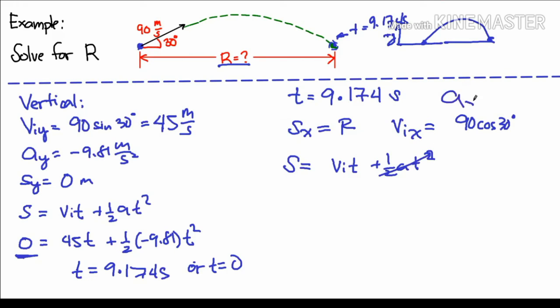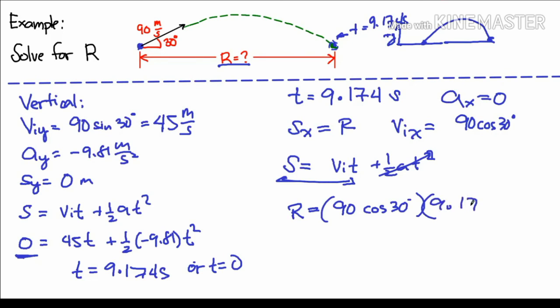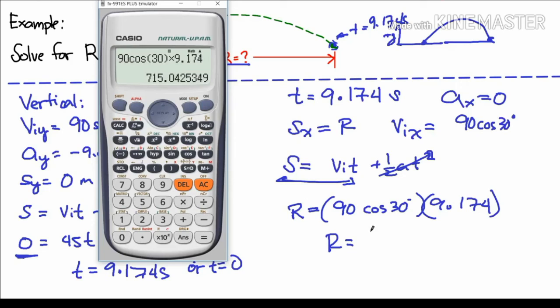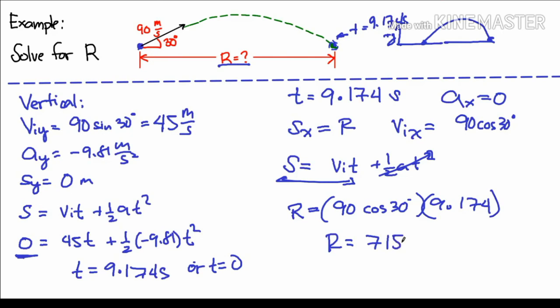There's no acceleration in x, ax equals 0, so this is the equation. Now, S is R, so R is equal to 90 cosine 30 times time, 9.174. Now we can calculate R, which is 715.04. So roughly that's about 715 meters. Okay, so this is the answer.